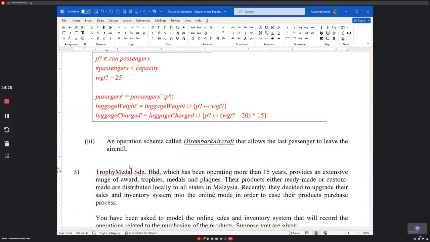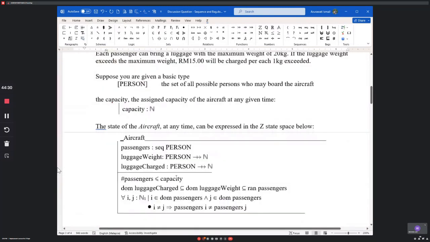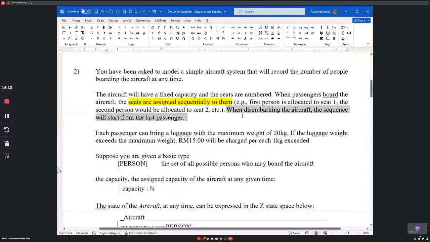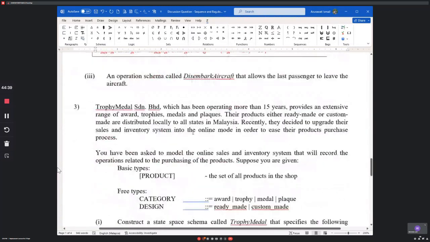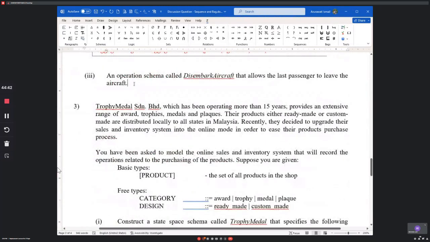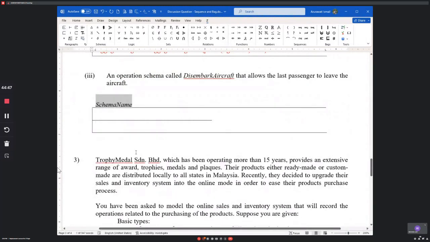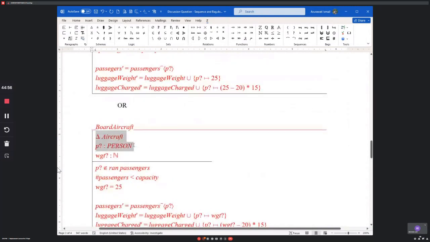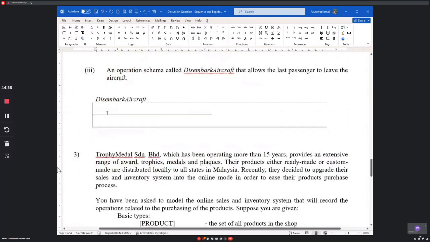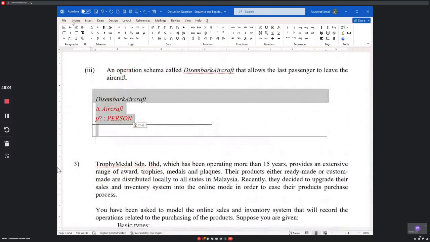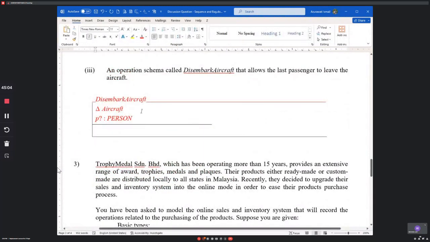So you remember the question just now? If you refer back to the question, when disembarking the aircraft, the sequence will start from the last passenger. So in this question, we will put it as the last passenger here, because the question says the last passenger. So if you have this kind of scenario, we will have an update to our aircraft, but we need to know the last person in our sequence.